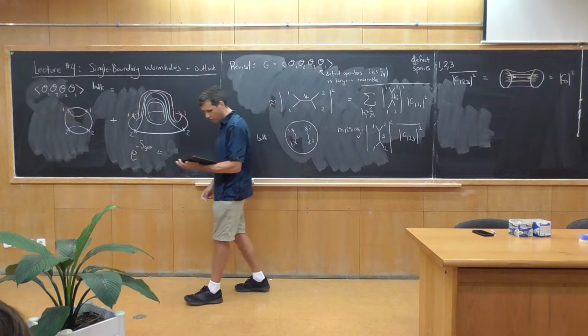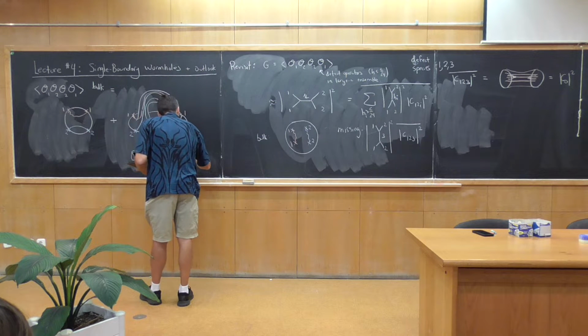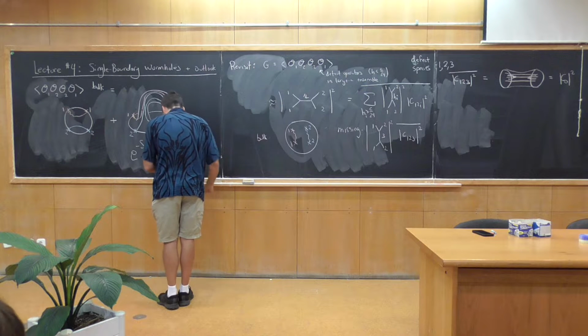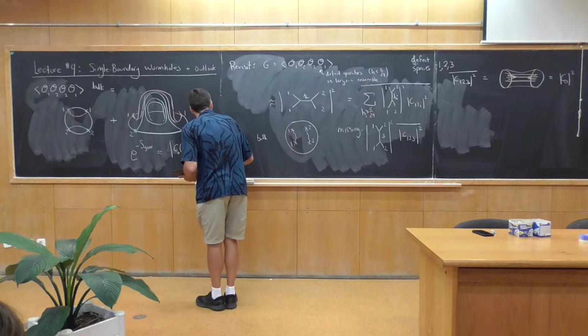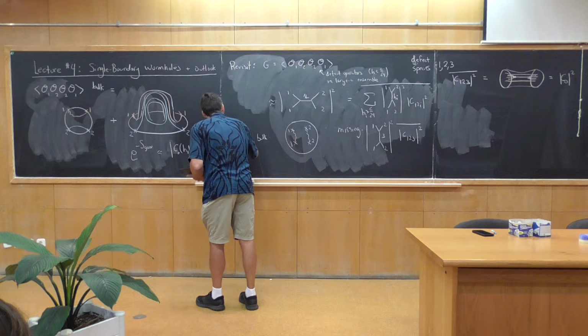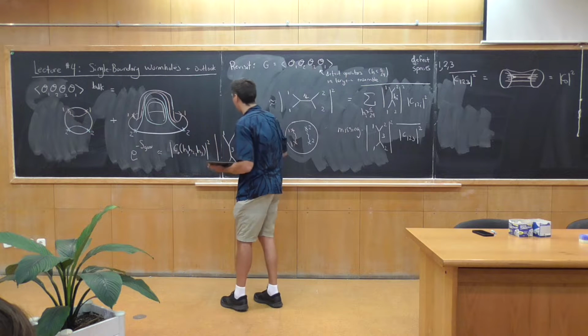So the gravity calculation gives the following: C0 of h1, h2, h3 mod squared times the Virasoro block 1, 2, 3, 1, 2 mod squared.